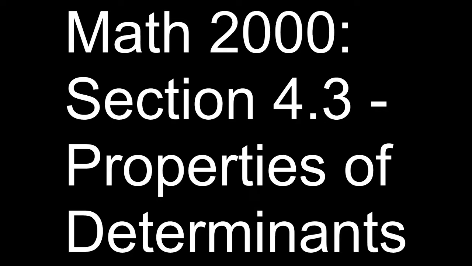For a 2x2 and a 3x3, there were some pretty reasonably simple formulas and methods. But then for any general square matrix, we also saw the method of cofactor expansions or minor expansions with alternating signs.